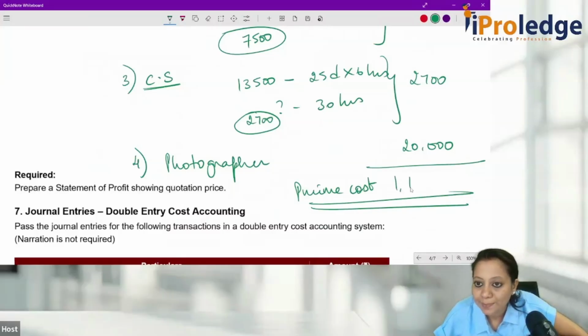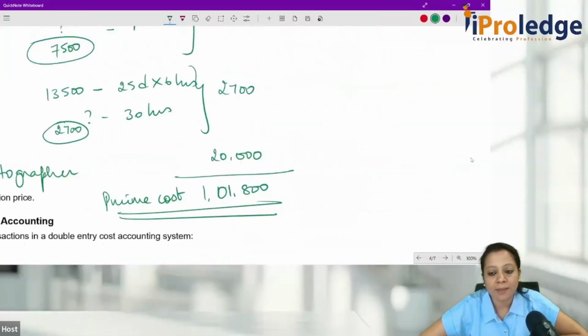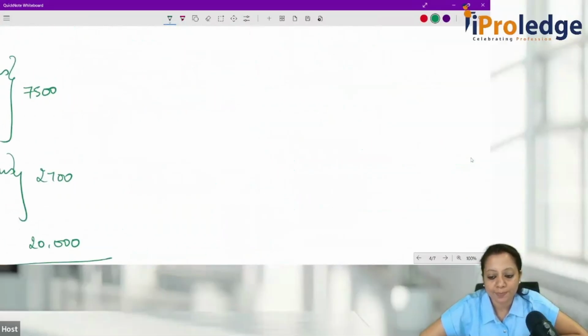1 lakh 1,800. So prime cost, I do not have space, so I'm going to continue here.